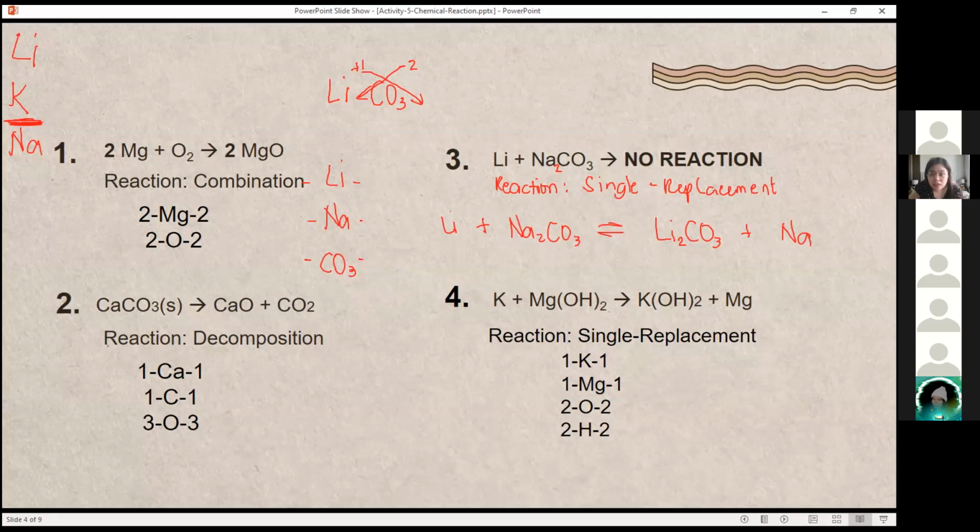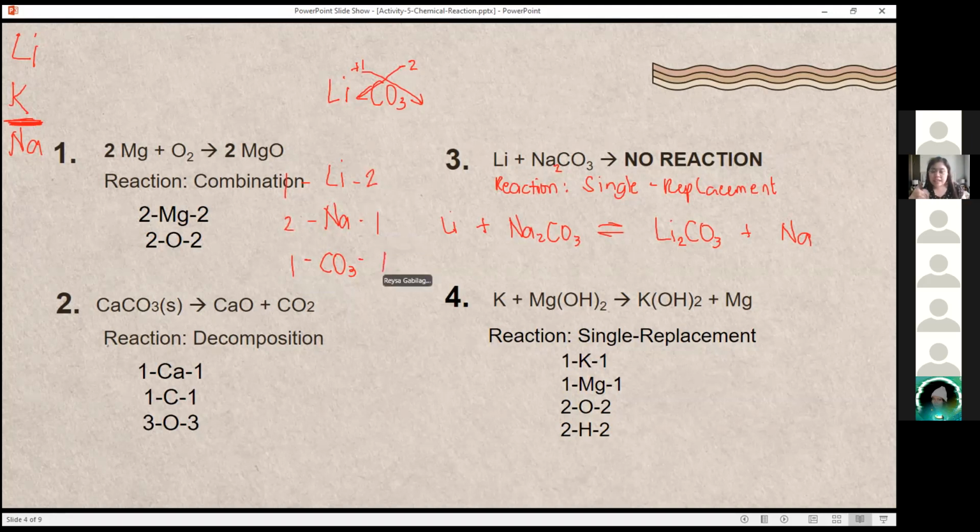Anyway, ang carbonate dito is still carbonate dito sa kabila. Hindi naman siya nagbago. So lithium is 1, sodium is 2, carbonate is 1. That is counted as 1. Wala siyang subscript. Malalaman natin na may subscript ang isang polyatomic ion kasi nakalagay siya inside an open and closed parenthesis. And then on the other side, you have 2 lithium, 1 sodium, and also 1 carbonate.